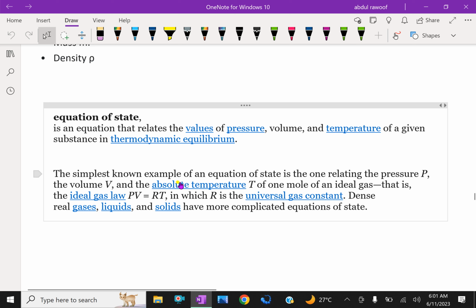A thermodynamic system is not always in equilibrium. For example, a gas allowed to expand freely against vacuum is not in an equilibrium state. During the rapid expansion, the pressure of the gas may not be uniform throughout.